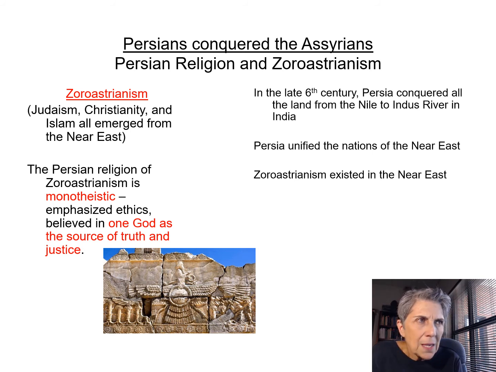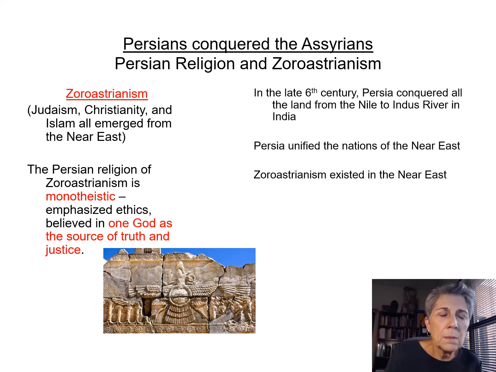It emphasizes ethics and believes in one God as a source of truth and justice. And, as you may or may not know, Christianity, Judaism, and Islam all emerge from the Near East. So that's another early monotheistic faith, as well as Akhenaten, the Egyptian pharaoh. And that's it. The rest are polytheistic.